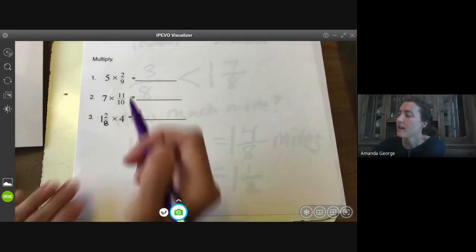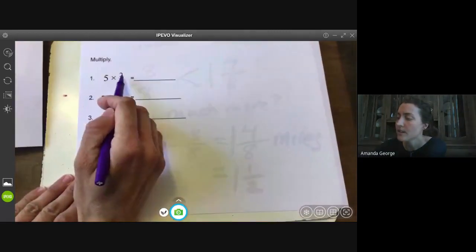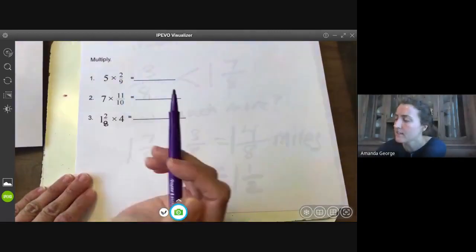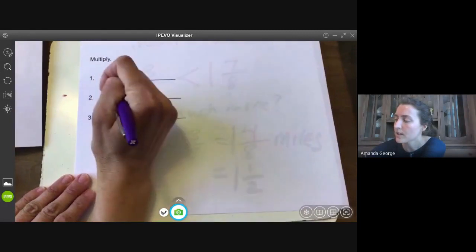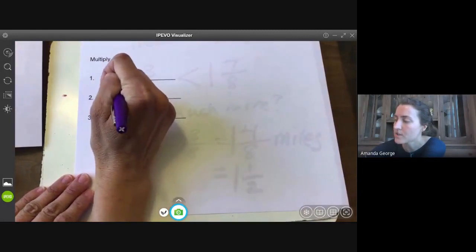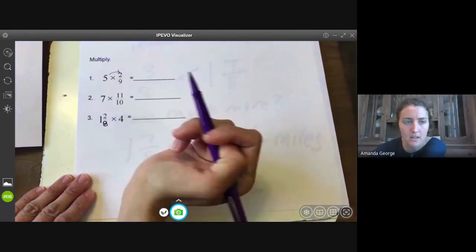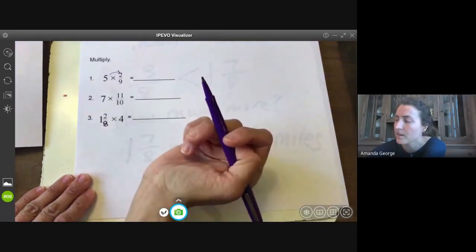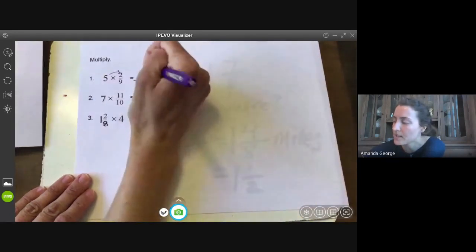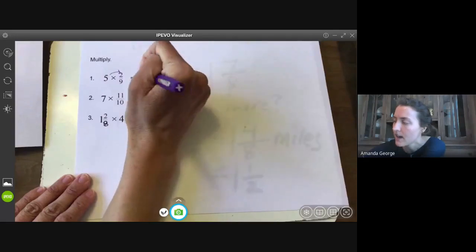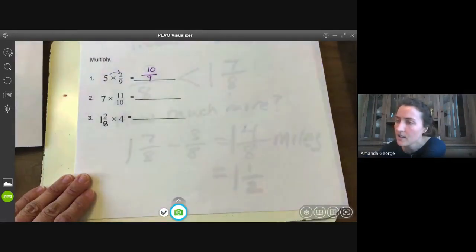So if I had 5 wholes times 2/9, remember Lila's shortcut that you really just have to multiply the whole number by the numerator. So this is going to be 10 divided by 9. And who could reduce that for us into a mixed number?